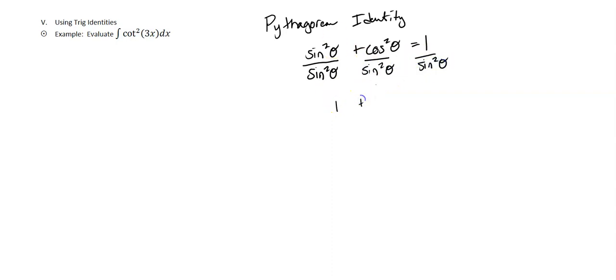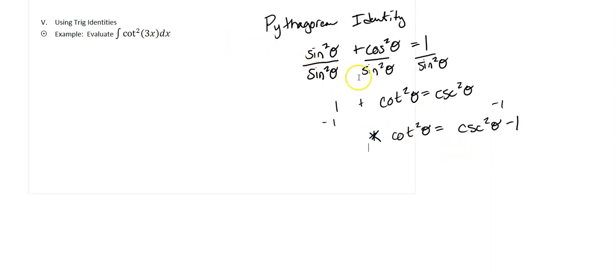So I would get 1 plus cotangent squared of theta equals cosecant squared of theta. And since I have a cotangent squared here, I'll subtract 1 and get cotangent squared of theta equals cosecant squared of theta minus 1. And you can do a similar thing for the secant and tangent version. You would just multiply through by 1 over cosine squared instead of sine squared.